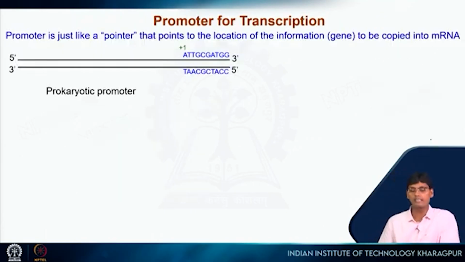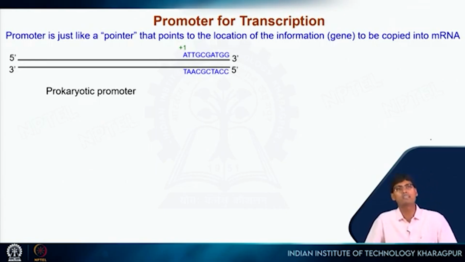So as you can see here, the promoter is just like a pointer that points to the location of the information, in this case particularly the location of the gene to be copied into mRNA. If I give you an analogy, this is similar to, for example, a DVD. We have, I would say, 100 different songs which I really like.